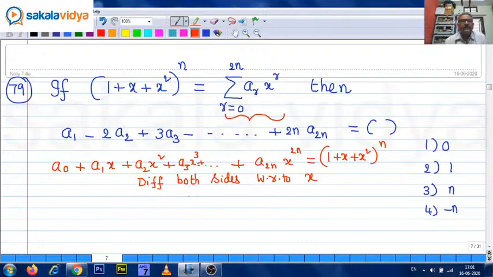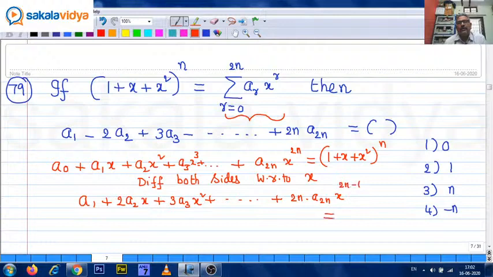Differentiating both sides with respect to x, we get a naught is constant, differentiation 0, x differentiation 1, you get a1, x square differentiation is 2x, 2a2x, x cube differentiation 3x square, 3a3x square plus so on, 2n times a2n x to the power of 2n minus 1 equals to, now the differentiation of the right hand side needs to be written.